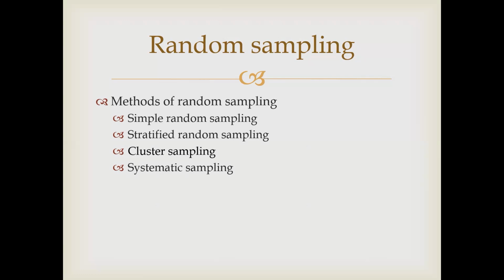Then we will have different methods of non-random sampling, and we will try to understand each of them. When you are doing your research, you have to apply one of them, either one of the random sampling methods or one of the non-random sampling methods. So we will see one by one. Simple random sampling.